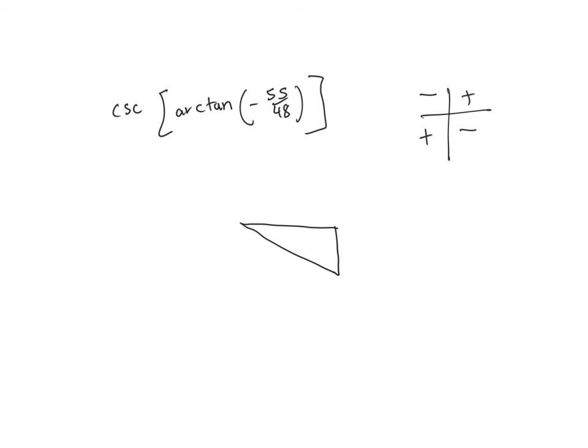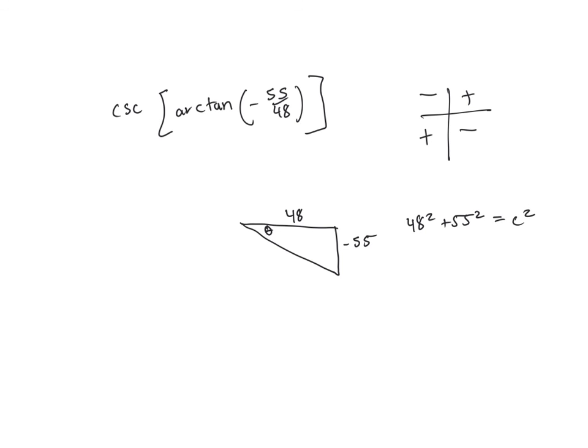So here, I'll say this is my theta. My tangent is negative 55 over 48, so my opposite over my adjacent is negative 55 over 48. Then I'm going to have negative 55 go down and 48 this way. Now to find my hypotenuse: 48 squared plus 55 squared equals c squared.